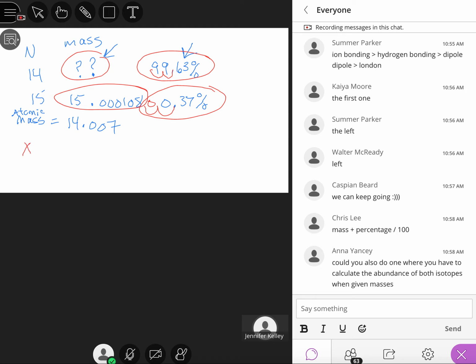So that would be X times 0.9963 plus 15.000108 times 0.0037 equals 14.007. So if I'm looking for this, I just have to solve for X.